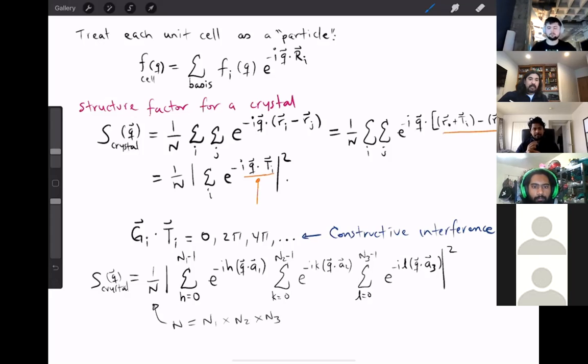So we have this many lattice points in our crystal, N, and it goes N1 in one direction, N2 in the other direction, and N3 in the other direction. And what we're doing then is that each of the summations, for instance this one right here, is a summation along each of the crystal directions. Okay? Any questions?